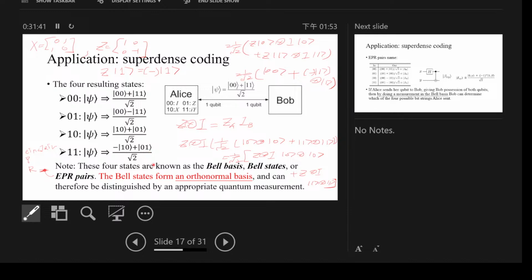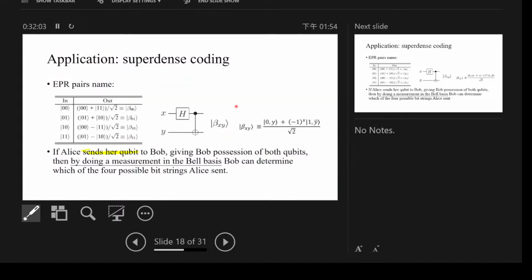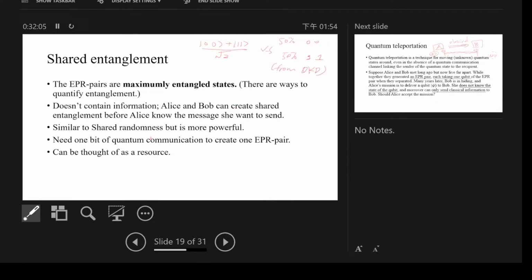So if you have a quantum state, you can encode the extra bit of information on this phase. But if Alice and Bob are just sharing classical randomness, classical randomness doesn't have any phase, so they still cannot send any information between them. You can try it more to get a feel for it: classical randomness doesn't help you send information.